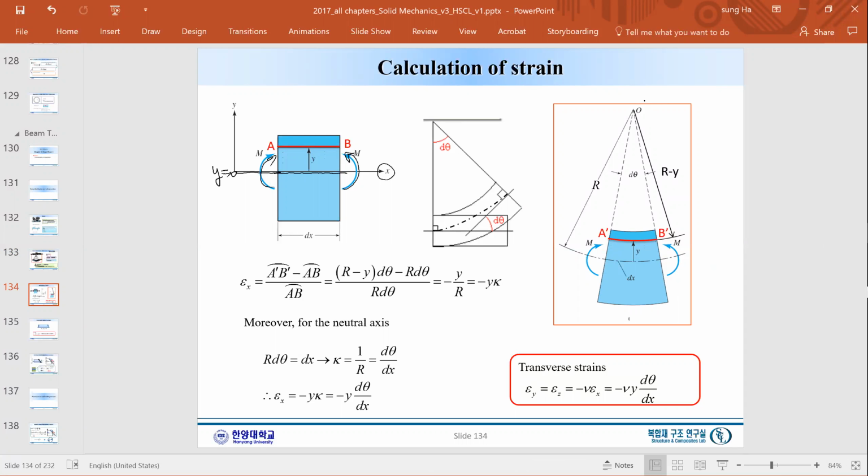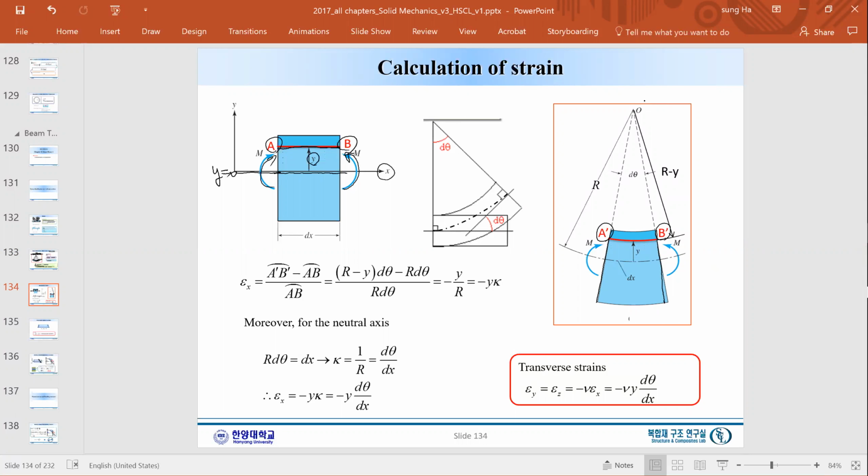So say we have a certain position y from this y equals 0, let's say this is the line AB, and after bending, this will deform like that, as you can see here, A prime and B prime. And the cross section, as we observed before, remains straight.